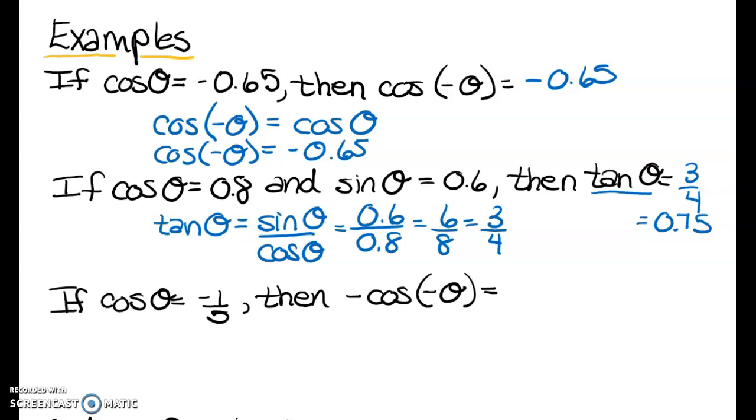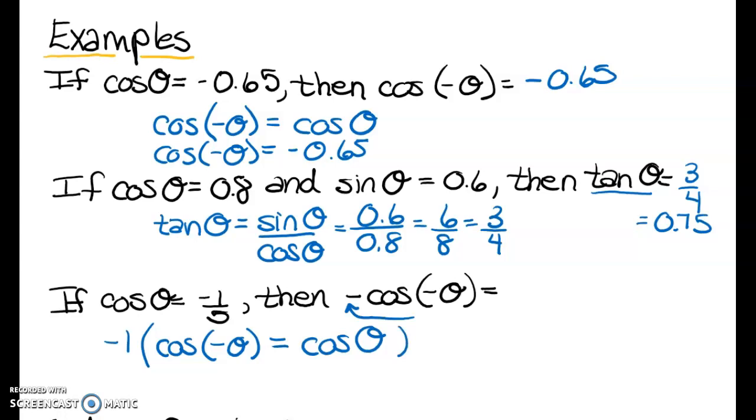Well, let's write the identity first. I know that cosine of negative theta equals the cosine of theta. But I want you to take a look here. I need to change this identity slightly because I have a negative in front of my cosine of negative theta. So if I multiply this identity by negative 1 on the outside, I get a negative cosine of negative theta equals negative cosine of theta.